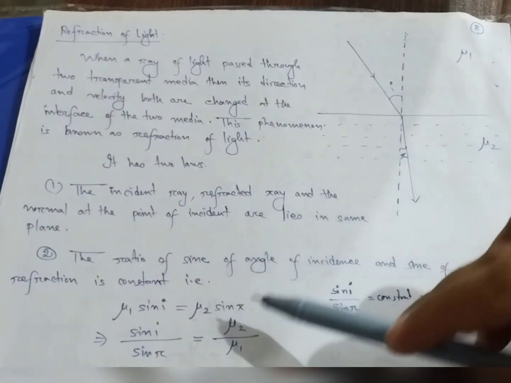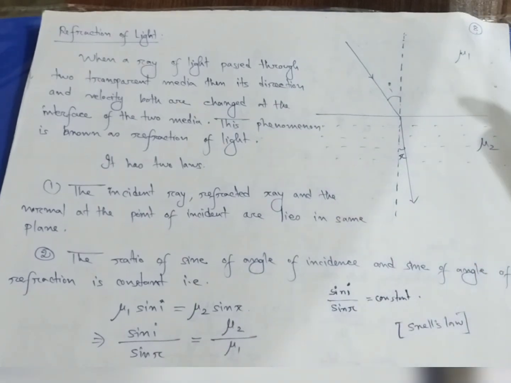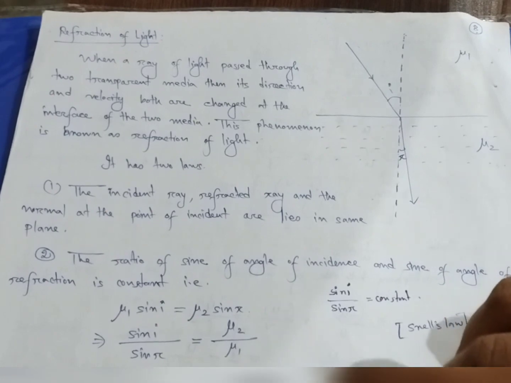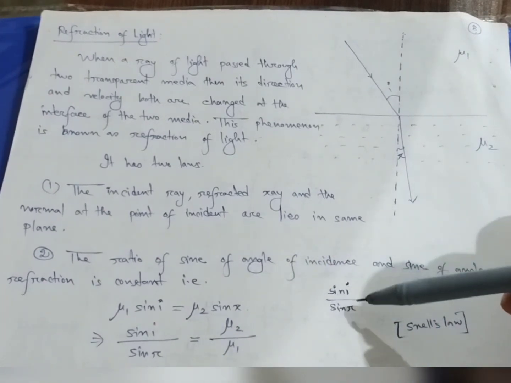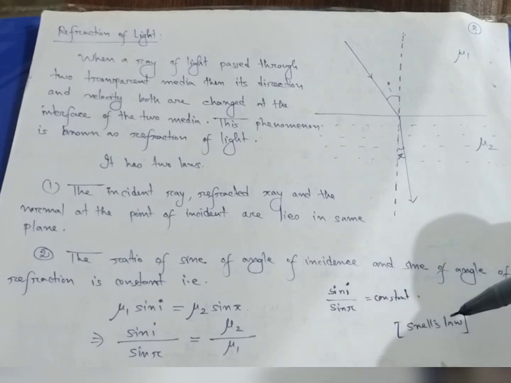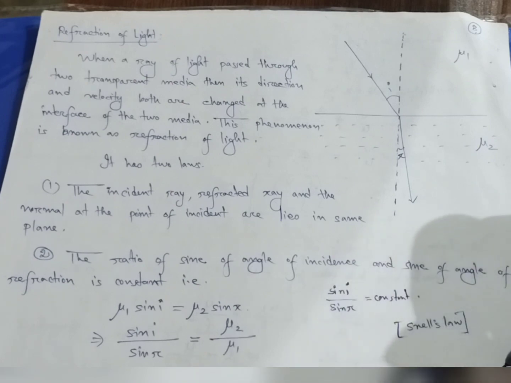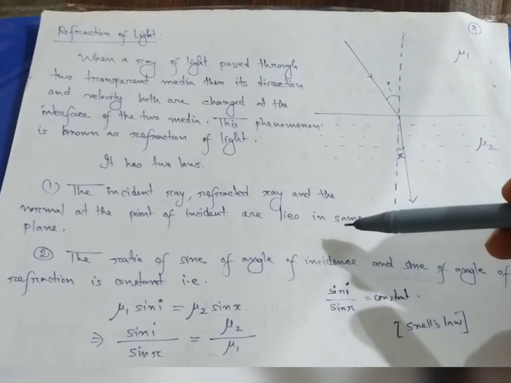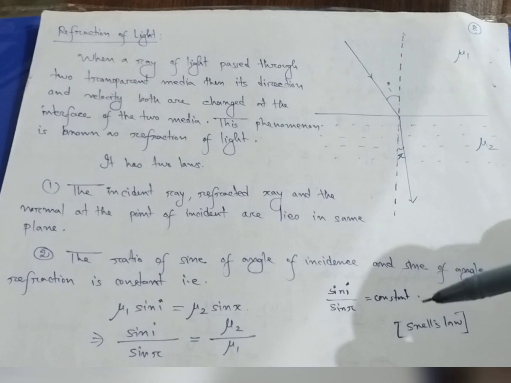Again, mu2 divided by mu1 we can write as 1mu2, which is a constant term. So we can say that sin i divided by sin r is equal to constant. This is called Snell's law, where 1mu2 is the refractive index of 2 with respect to 1. So this is the formula, this is the law of refraction of light.